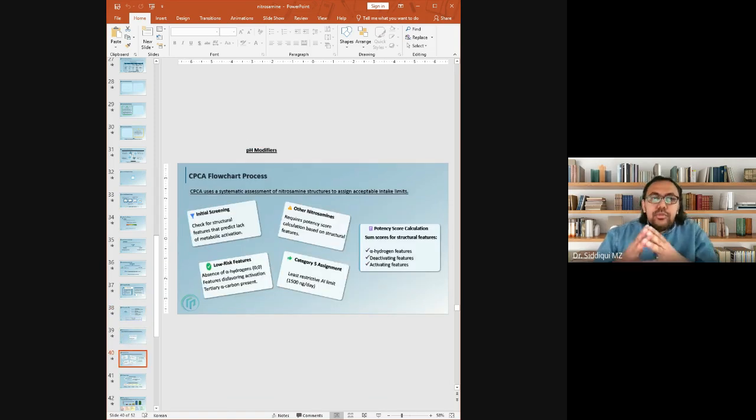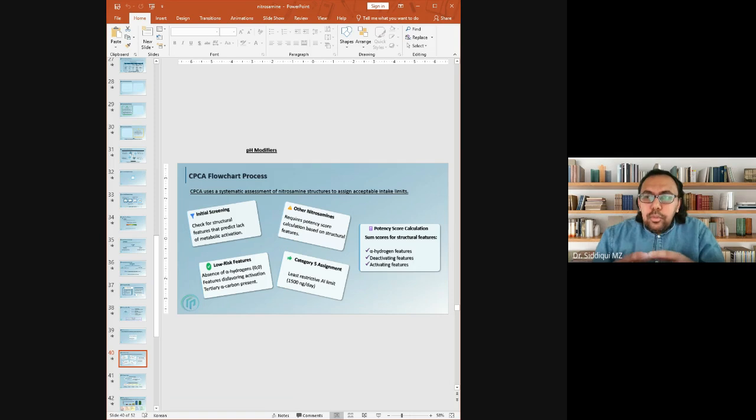So the sum scores for structural features are, this is also a very vast topic, an individual topic which needs to be discussed in another way, or maybe in another webinar.